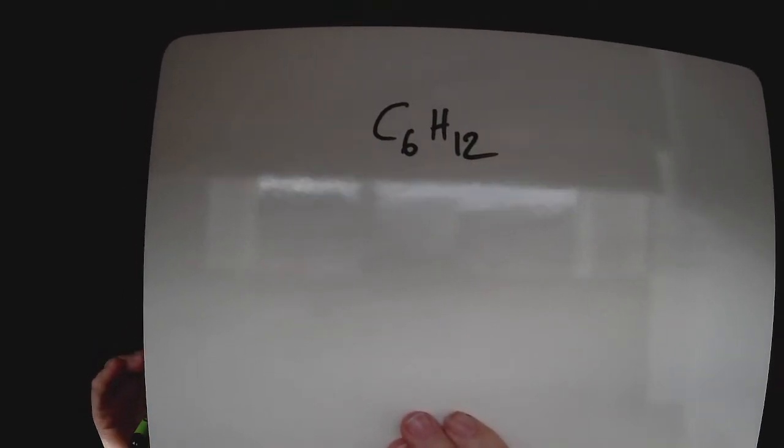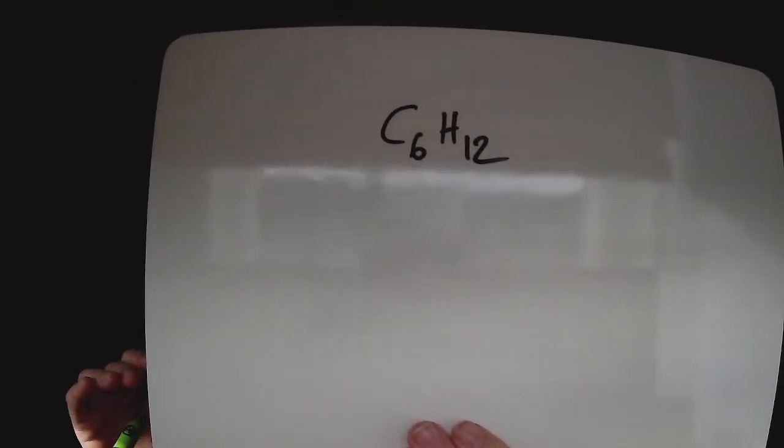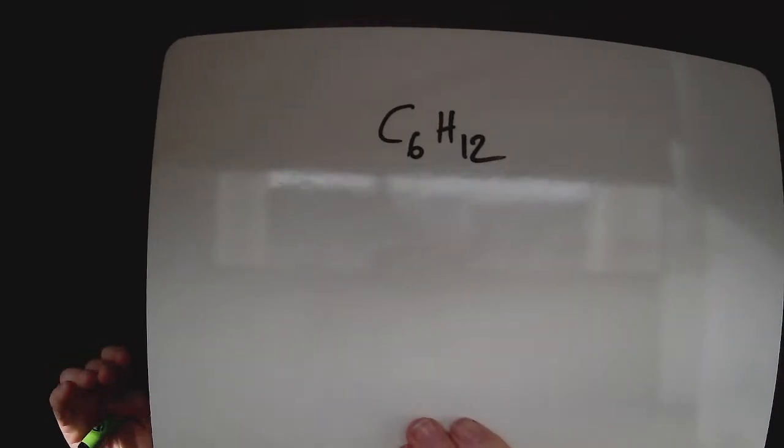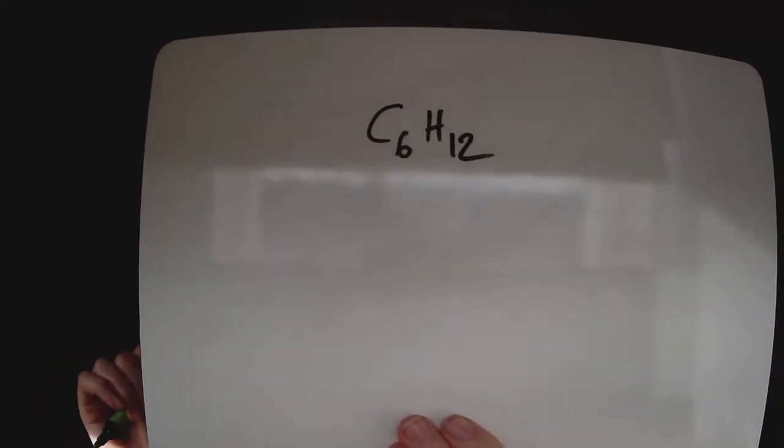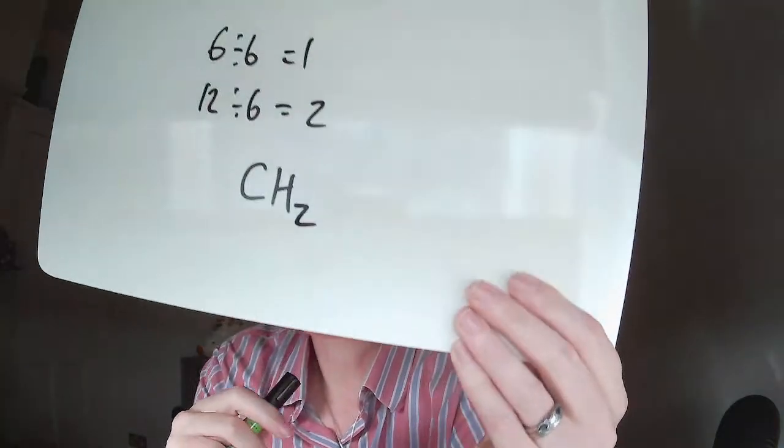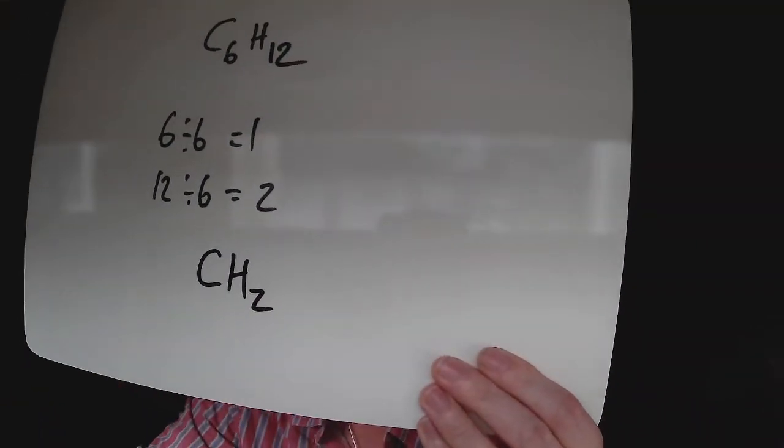To get the empirical formula, what we need to do is find the highest common factor of both 6 and 12. So highest common factor of 6 and 12 is 6, so 6 divided by 6 is 1, 12 divided by 6 is 2, so what we actually have as the empirical formula is just CH2.